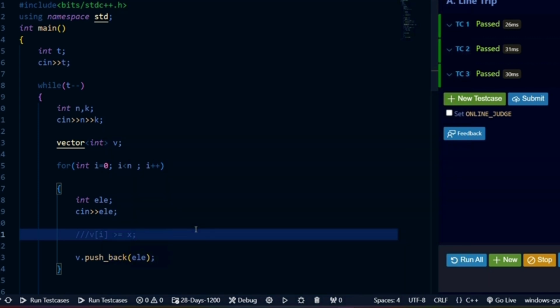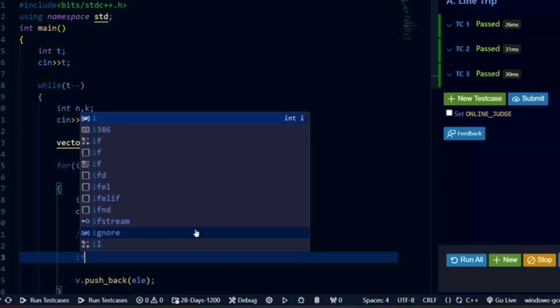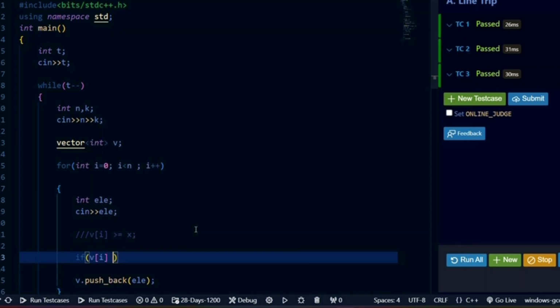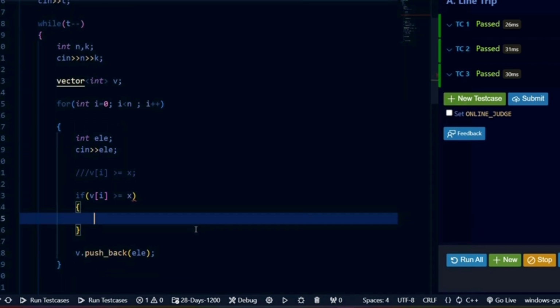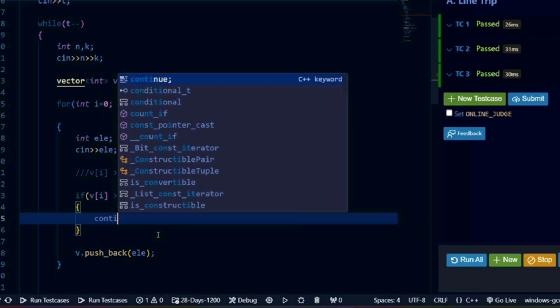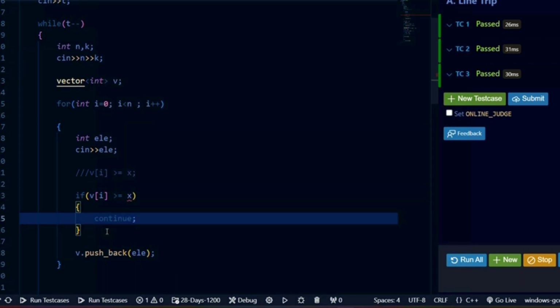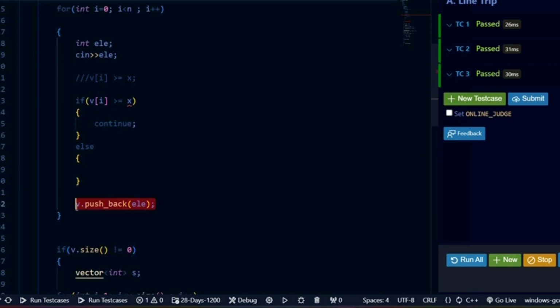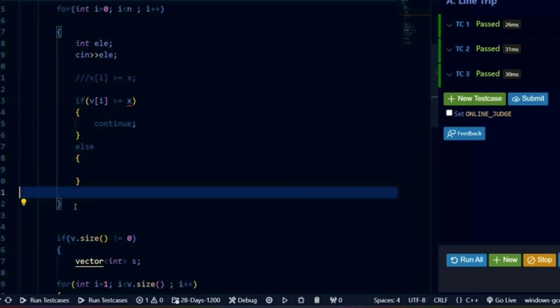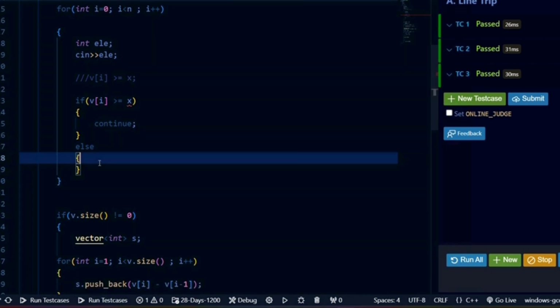So I will have a condition: if v of i is greater than or equal to x, I won't do anything, I will simply skip that iteration. I will have an else condition that will push the element in the vector.